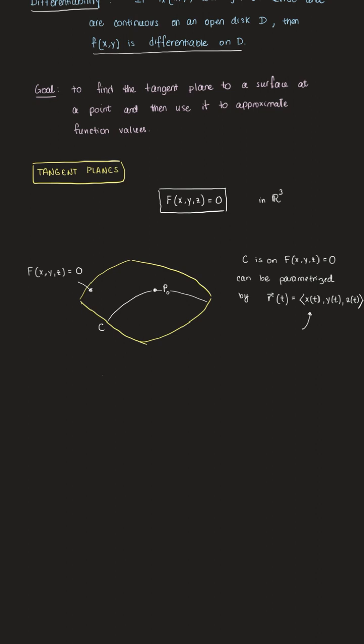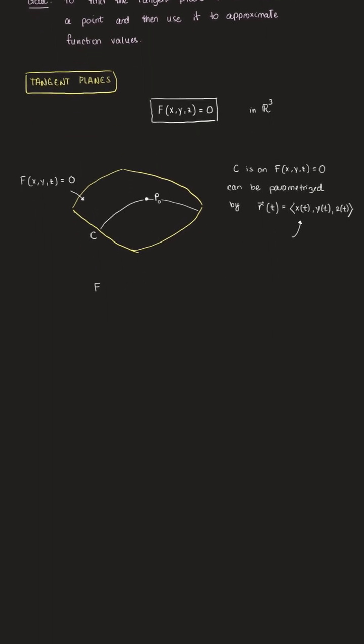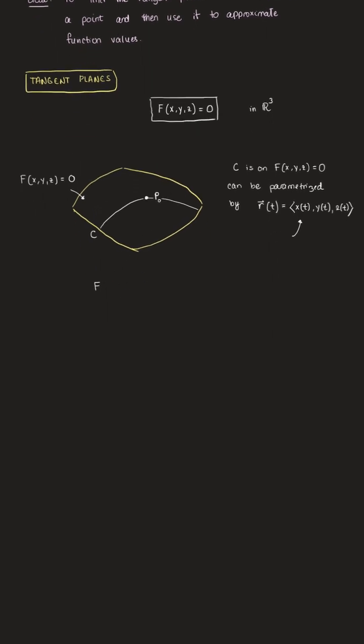And so that gives us that if I plug into our surface equation x of t, y of t, and z of t, we have that f of x of t, y of t, and z of t must be equal to 0 because our vector function lies on the curve, so it satisfies the equation of our surface.